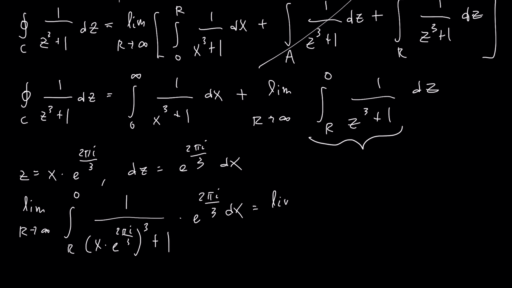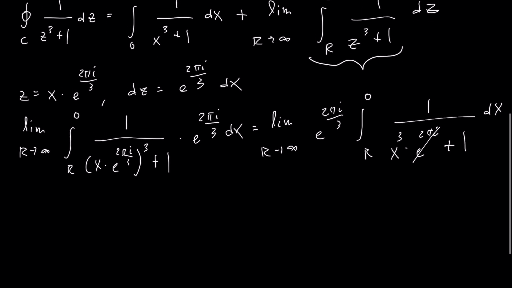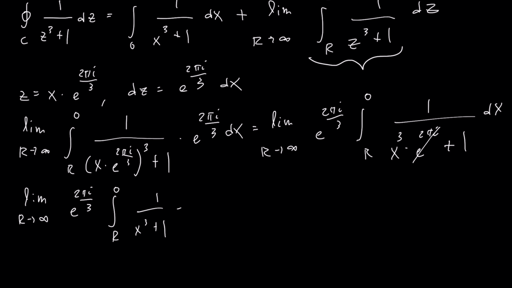So we have the limit as r tends to positive infinity of e to 2 pi i over 3, the integral from r to 0, 1 over x cubed times e to 2 pi i plus 1 dx. And e to 2 pi i would just end up being 1. So we have the limit as r tends to positive infinity of e to 2 pi i over 3, and the integral from r to 0 of 1 over x cubed plus 1 dx.